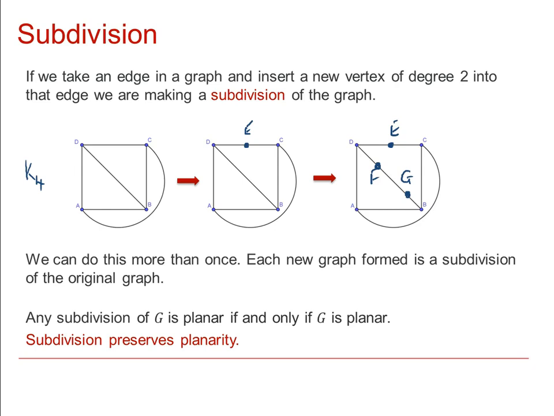Each time we do that, we get what is called a subdivision of the original graph. Now, as the original graph was planar, it's quite clear to see that any subdivision of it must be planar. So we say that the subdivision preserves planarity.